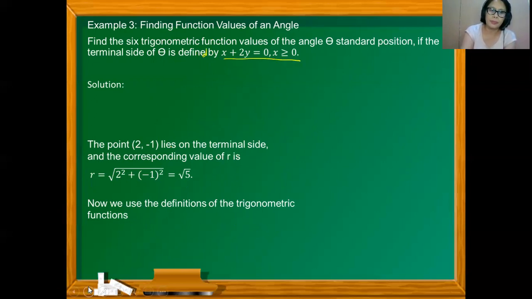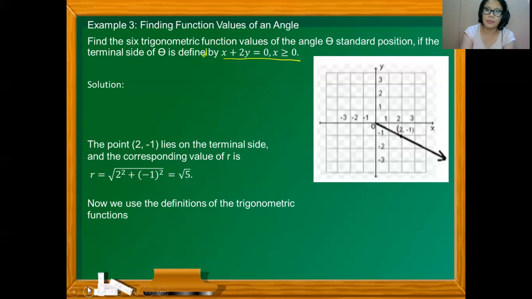So if we're going to select 2, -1, which lies on the terminal side, and the corresponding value of r. So how did we get this 2, -1? The condition here is x is greater than or equal to 0.